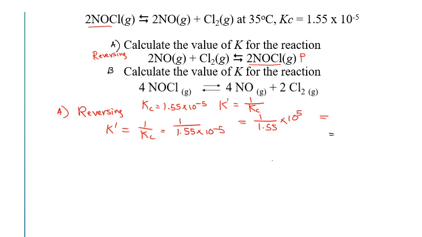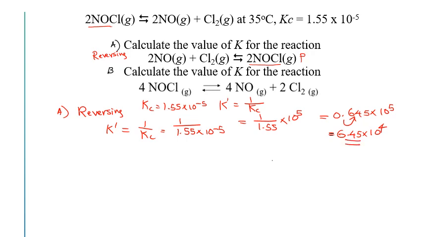Plugging 1 over 1.55 into the calculator gives 0.645 times 10 to the power 5. In scientific notation, moving the decimal one place forward, the exponent goes down by 1, so 6.45 times 10 to the power 4. That's the answer for the first one.